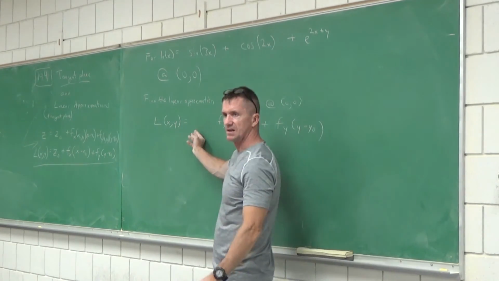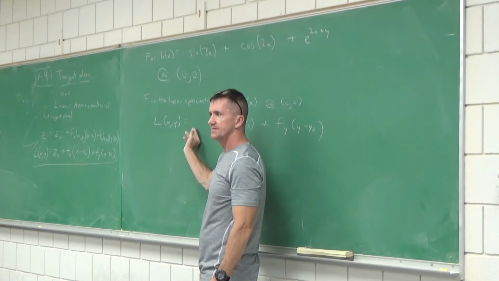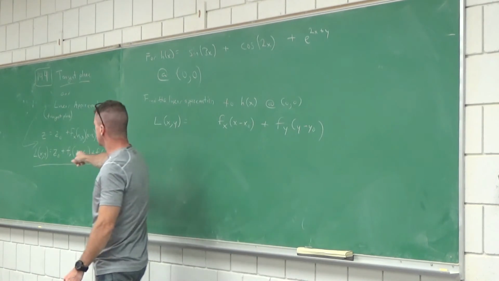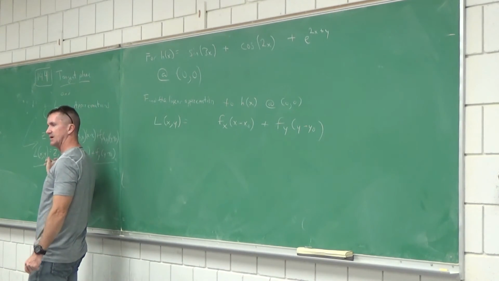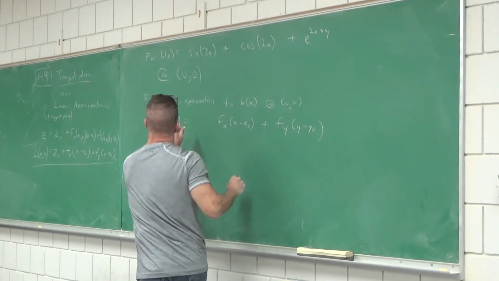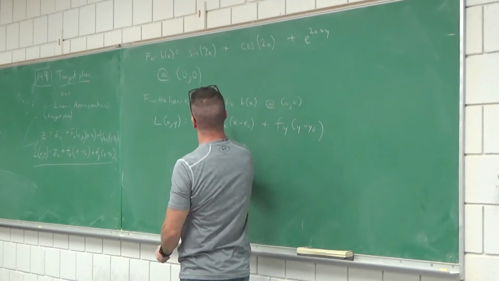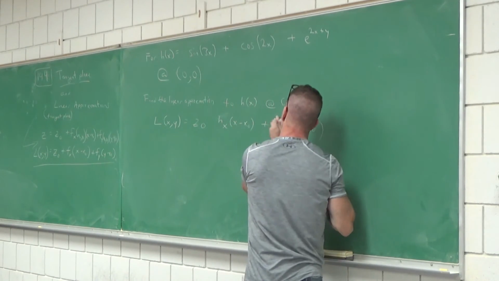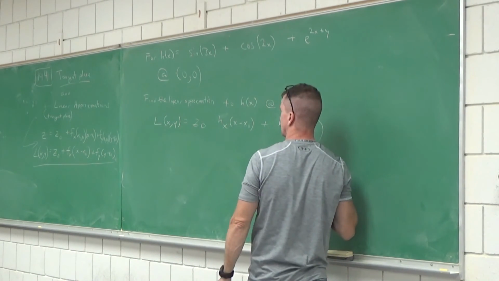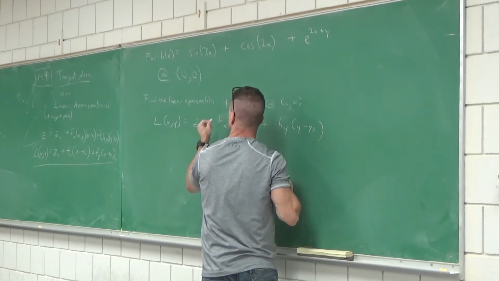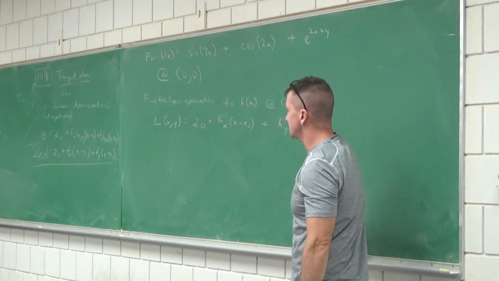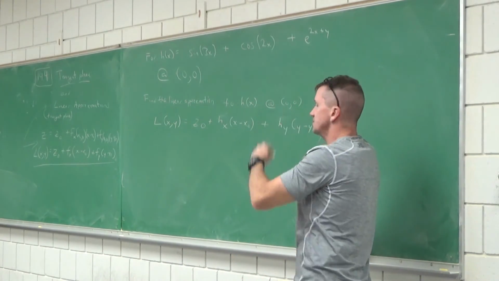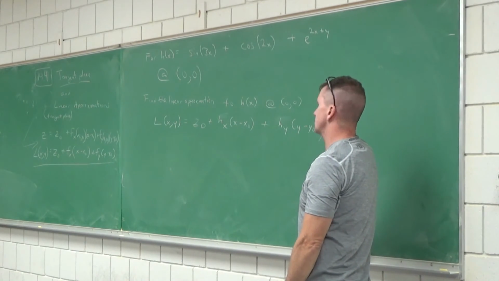I didn't want to forget this other z naught. When you do this, there's a z naught added to that, right? I'm going to put that here. The second thing is you might say, well, this wasn't an f, it was an h. So I can use h_x and h_y. But this is looking good, right? And I just have to add this to this. That's all. This would be the linear approximation to h of x, y at 0, 0.